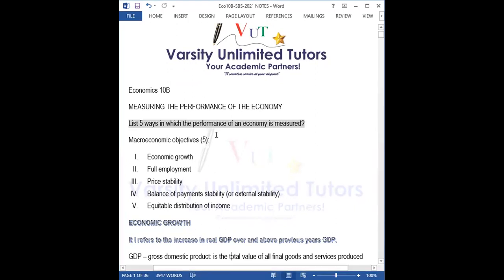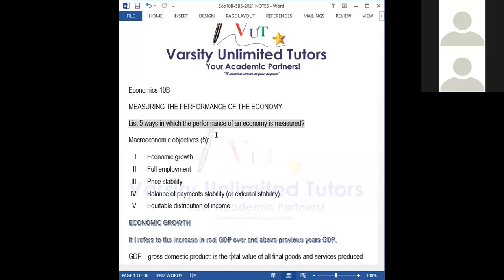So basically there are 5 metrics that are used, which are referred to as macroeconomic objectives. So these metrics are the ones that when we want to look at the performance of the economy, we can assess them and we can see whether an economy has been performing very well or whether an economy has been underperforming. So basically we have what is referred to as economic growth. We also have full employment.